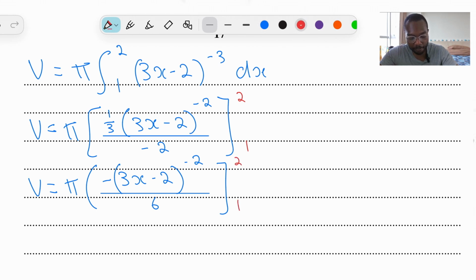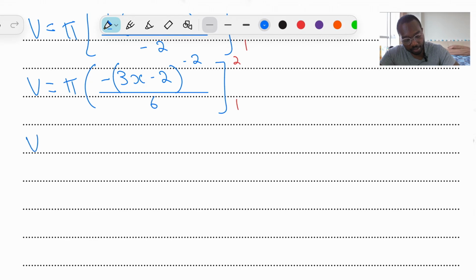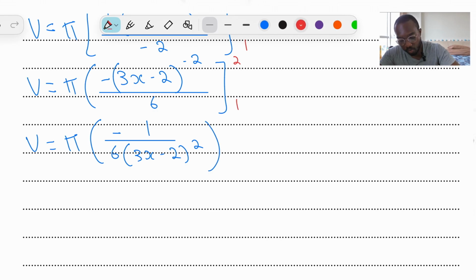And now I'm going to rewrite this as pi. I'm going to bring the 3x minus 2 down to the denominator. So we get pi times minus 1 over 6 lots of (3x minus 2) squared, and now that's with our limits of 1 and 2.